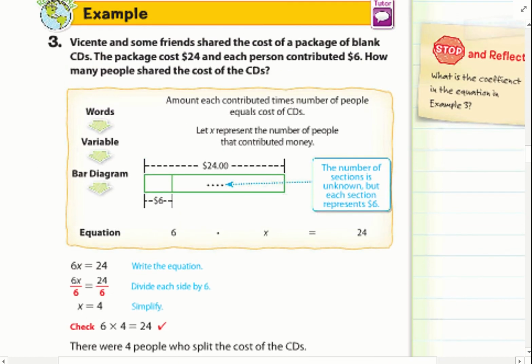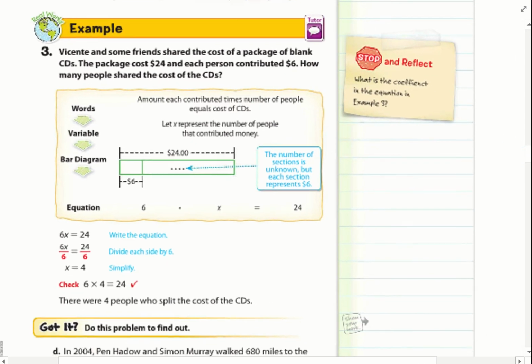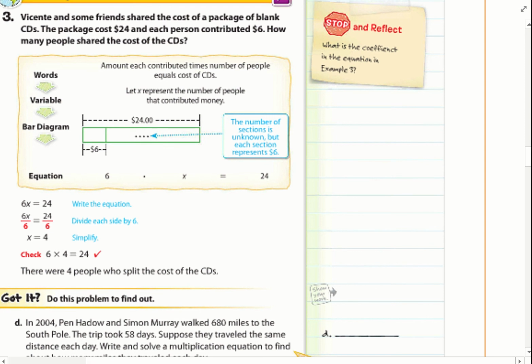So now we're going to use bar diagrams. It says Vincent and some friends shared the cost of a package of blank CDs. The package cost $24 and each person contributed $6. How many people shared the cost of the CDs? So we have 6, and how many people is going to be x, and it costs $24.